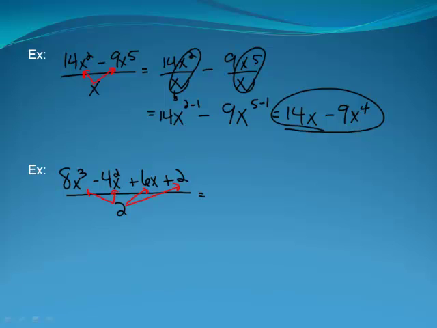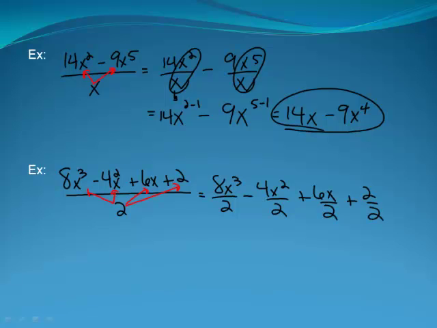So that's going to give us 8x cubed divided by 2 minus 4x squared divided by 2 plus 6x divided by 2 plus 2 divided by 2.